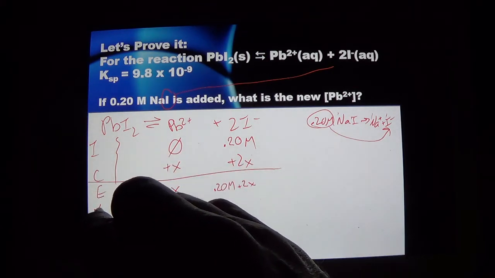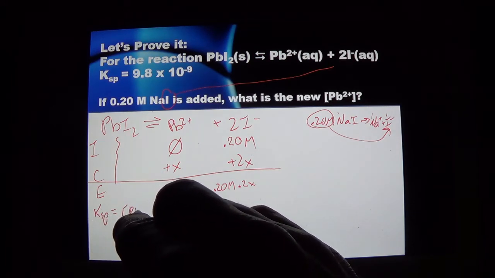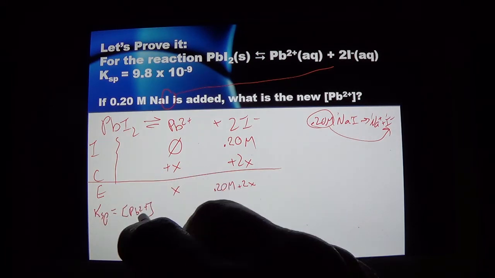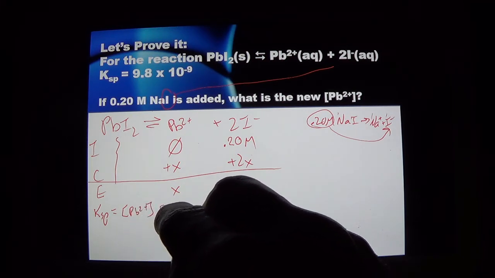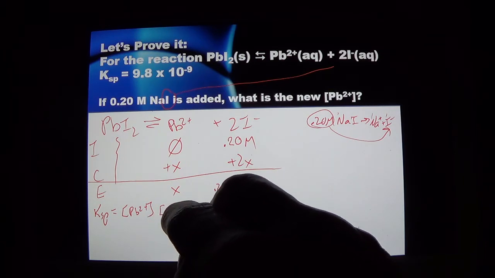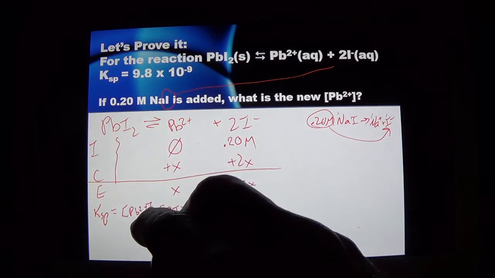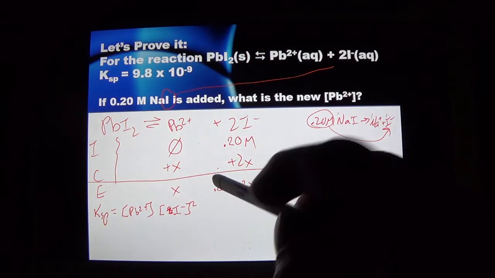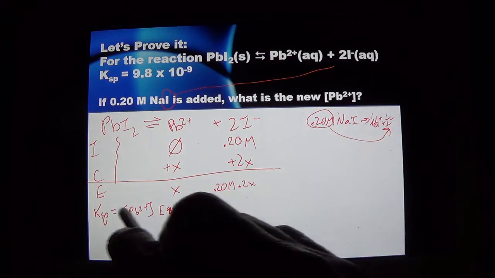Let's write our Ksp, get a point for writing your formula: concentration of lead times the concentration of, wow, we don't want the 2 there, iodide ion squared, because it needs to go there. There was 1 lead, but there were 2 iodide. The coefficient of 2 becomes our exponent. Okay, so point for that.